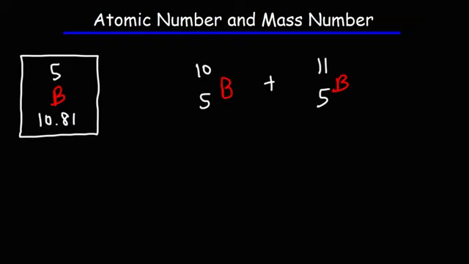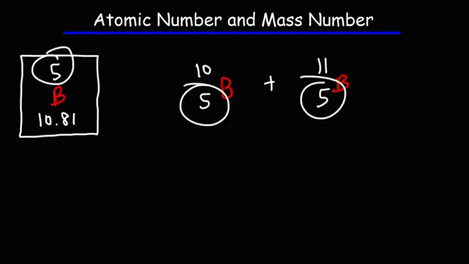So looking at this information, what is the atomic number for boron? What is the mass number? And what is the net electric charge? Looking at the 5, notice that the 5 is the same for all isotopes of boron.